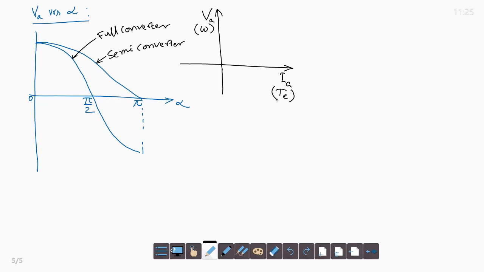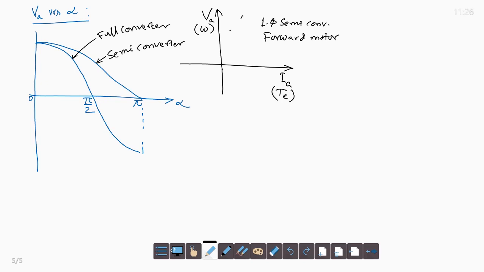So 1 quadrant, 2 quadrant or 4 quadrant operation in torque speed plane also becomes same as in voltage current plane. In a semi converter, voltage is always positive and current is positive. So we have only single phase semi converter operation in the first quadrant. Only forward motoring operation is possible in a single phase semi converter fed DC drive.